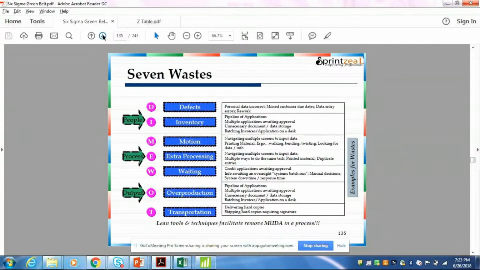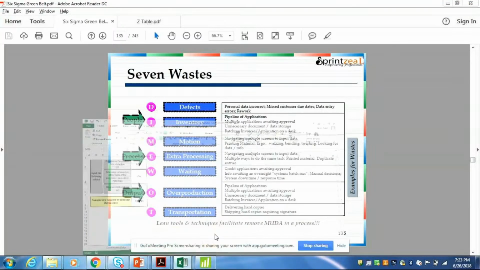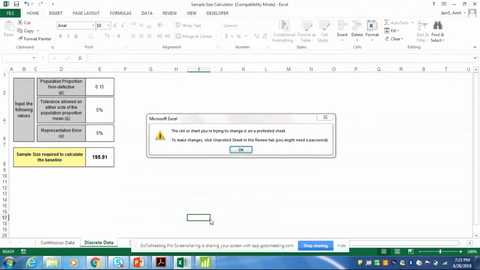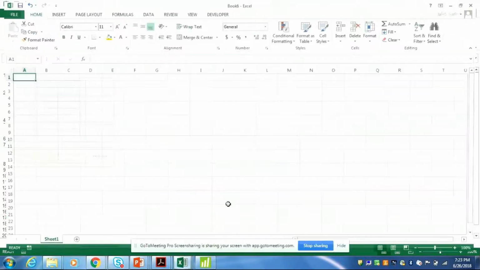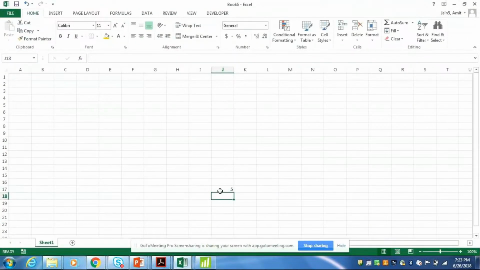But then imagine if everybody in your organization, say there are 2,000 people working in the organization, and everybody is spending about 10 minutes finding things, looking for data, information, basically in this motion waste. Just to give you a rough estimate, 2,000 people every day is 10,000 minutes.